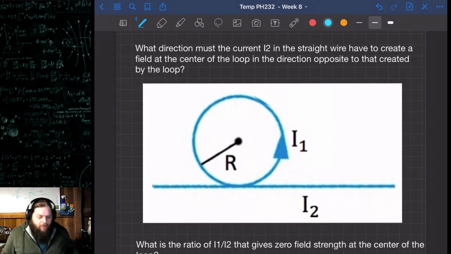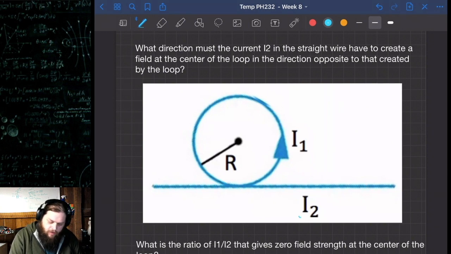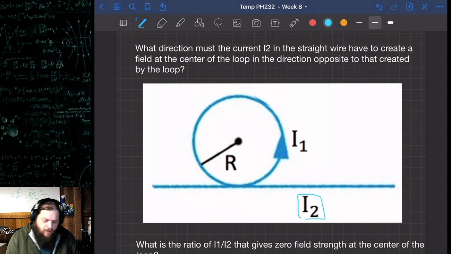So in this problem, we have a long straight wire and we have a loop, and they're touching each other just barely. And we want to know what direction the current of I2, this guy down here, in the straight wire, must have to create a field at the center of the loop in the direction opposite to that created by the loop.